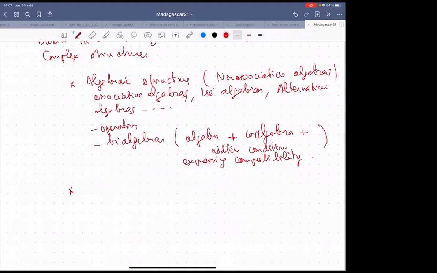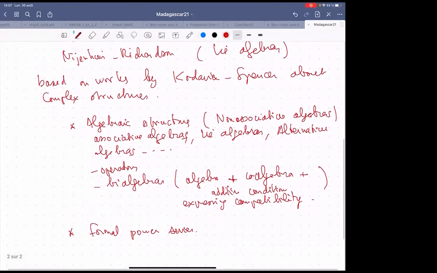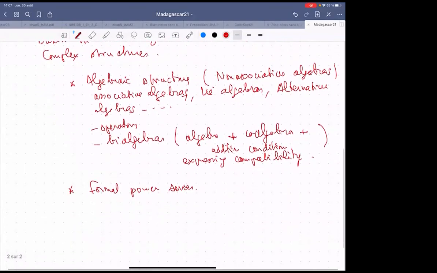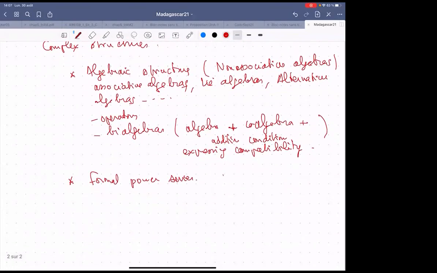What I was saying before is that we are doing one parameter formal deformation. This means that we use formal power series in one variable, t here, but of course we can also construct a theory using several variables t1, ..., ts.